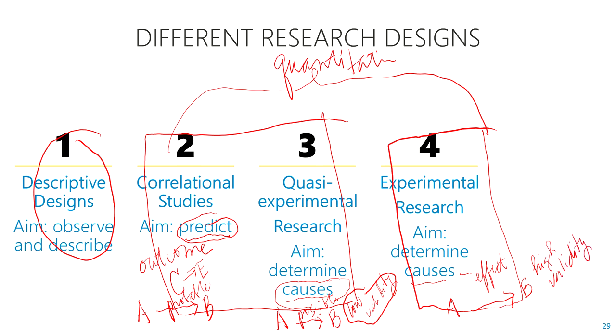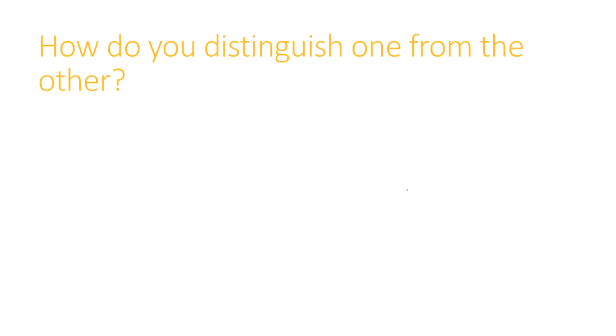If A happens, that is the cause, then B, which is the effect, will definitely happen. Okay? So, again, the different research designs are descriptive, correlational, quasi-experimental, and experimental research. All right.